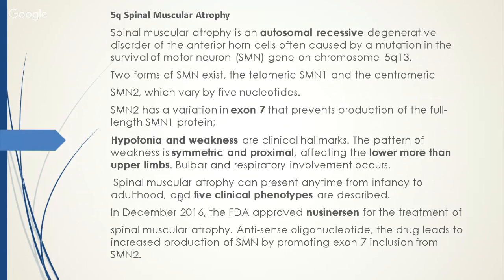SMN1 is mostly in the centromere, and SMN2 is in the telomere part of the chromosome. SMN2 was found to have a specific variant, exon 7, which, when it's removed, naturally should lead to the normal production of the SMN1 protein.